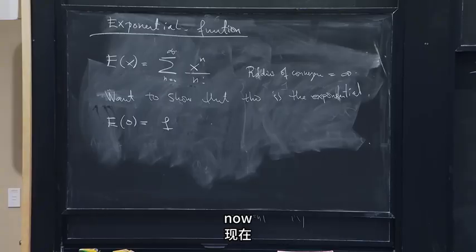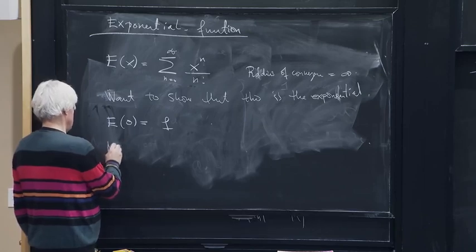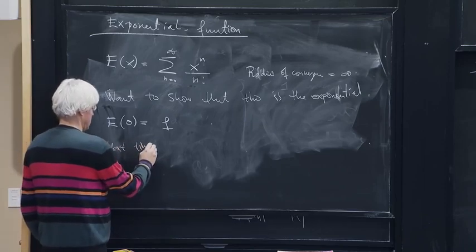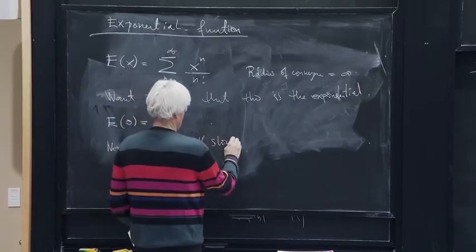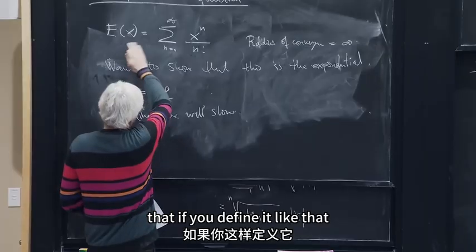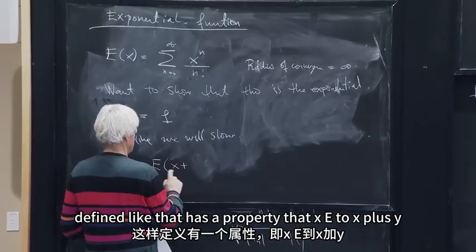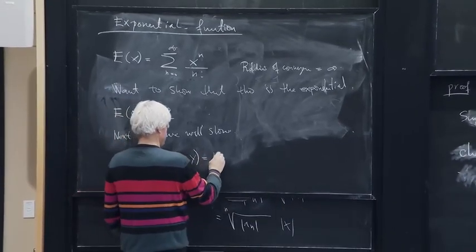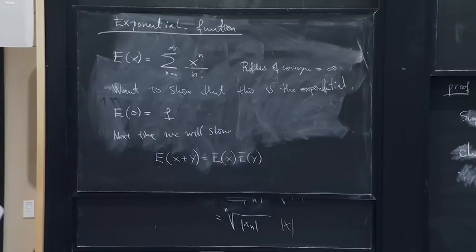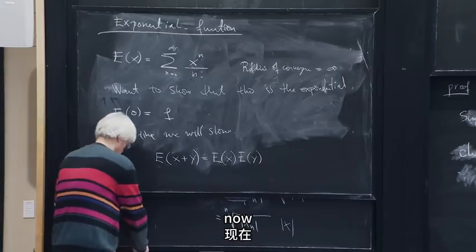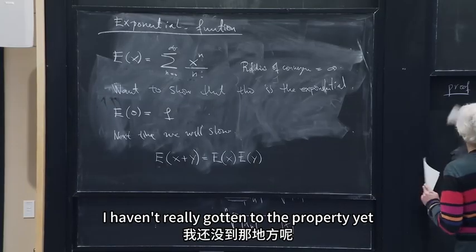Now, I'm later going to prove, next time, that if you define it like that, this function has the property that E of x plus y is equal to this product here.